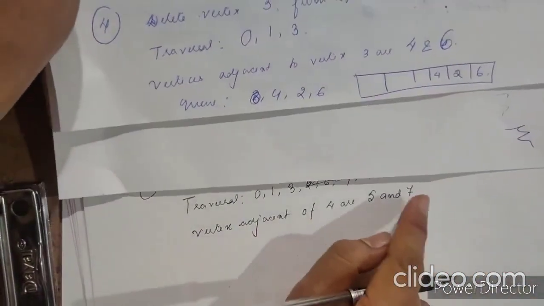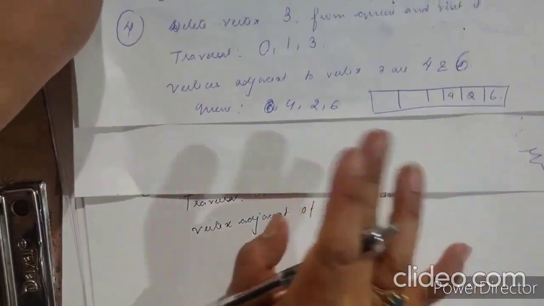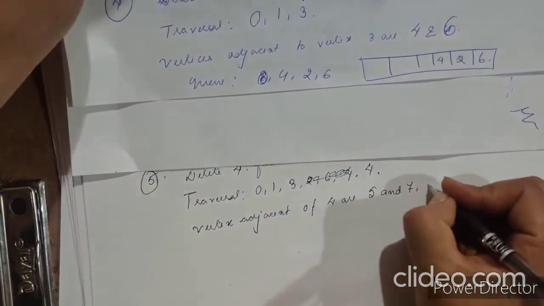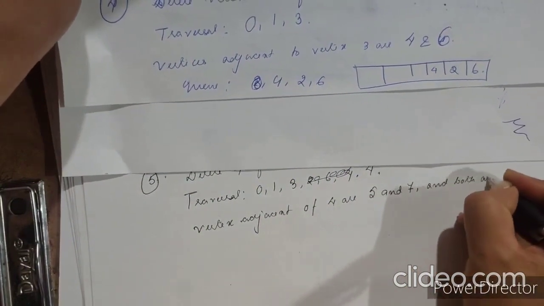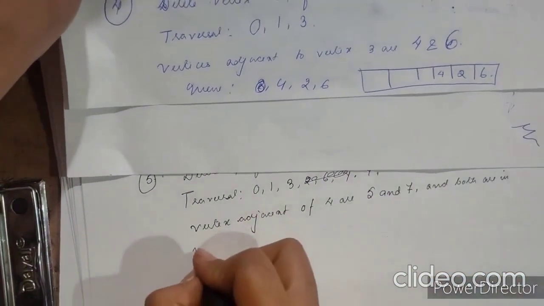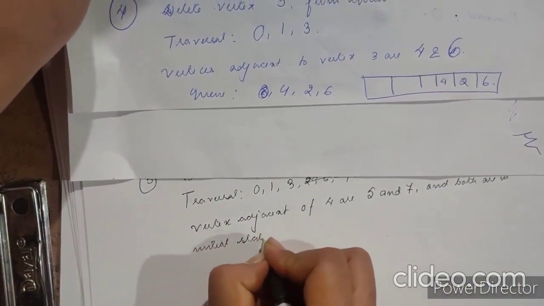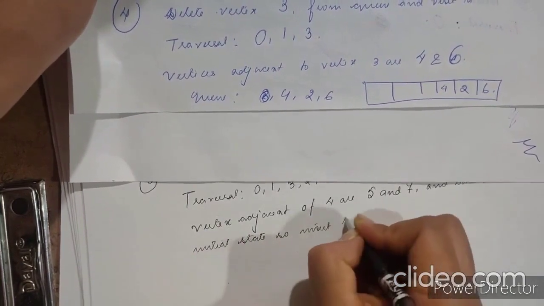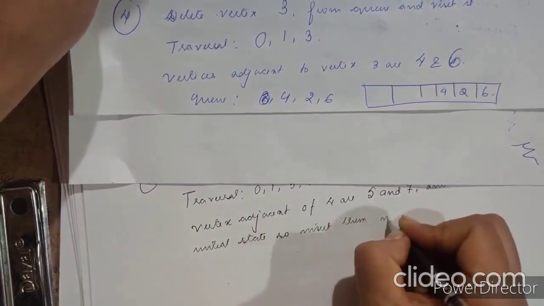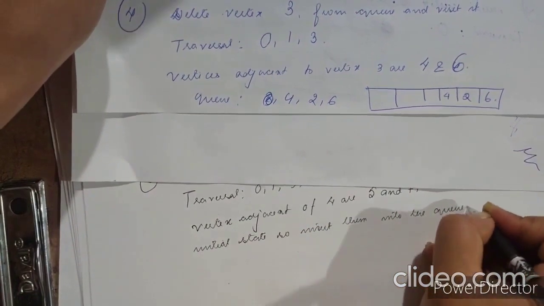You can see that 5 and 7 are not in the queue, right? 5 and 7 are both in the initial state, so insert them into the queue.